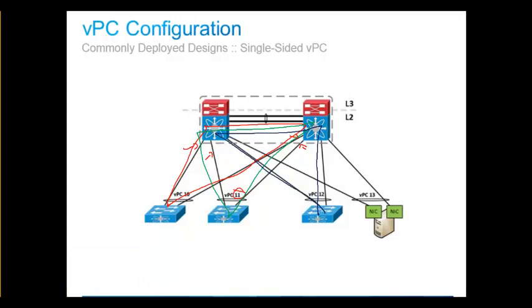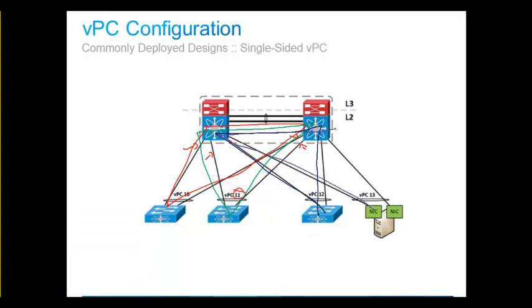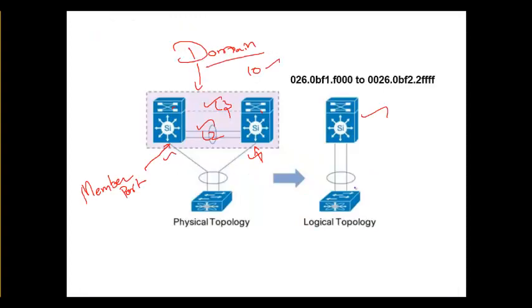Even though the switch on the upstream, on the top, is the same, no? Even though the switch is the same, they get different MAC addresses because they have different domain IDs. I showed you the MAC reservation. The last bit will be different for each domain, so that they will have a unique domain ID.